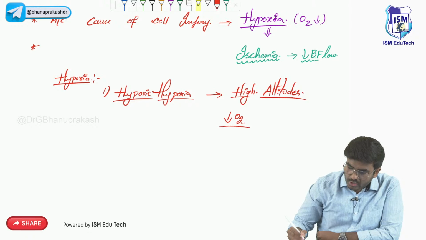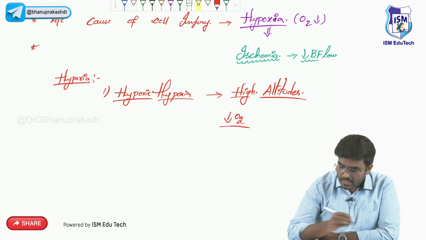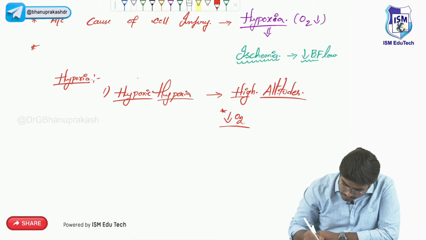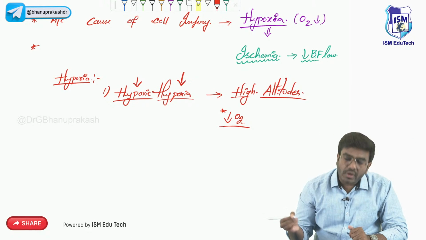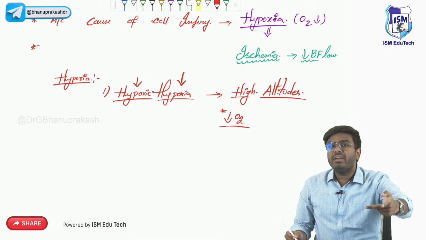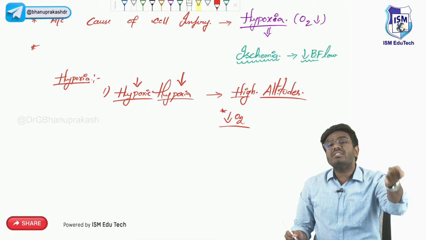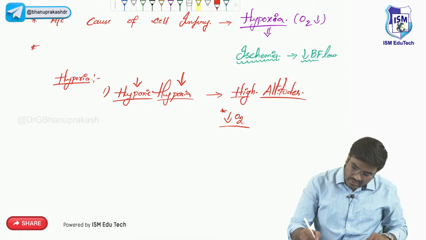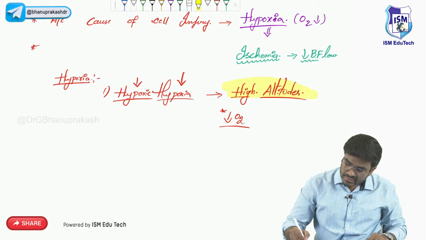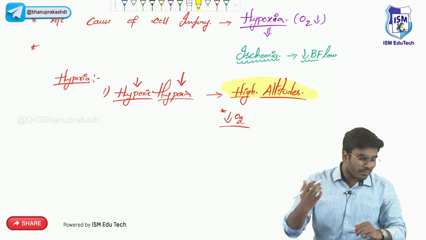The oxygen tension, or the oxygen partial pressure, is going to be decreased. See, the name itself is there. First of all, oxygen itself is not there in those high altitudes, and that is the reason for your hypoxia. The outside environment is hypoxic, so that causes hypoxia in your body. So hypoxia is going to be seen in those conditions when you go to high altitudes.